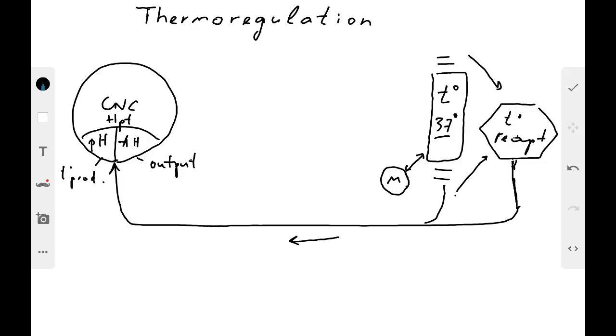The sympathetic nervous system increases catabolism, increases the thermal production, and the parasympathetic nervous system increases thermal output. So it corresponds with the control of the ANS. So we have a nerve center in the narrow sense, and in the wide sense it also includes the cortex, limbic system, etc.